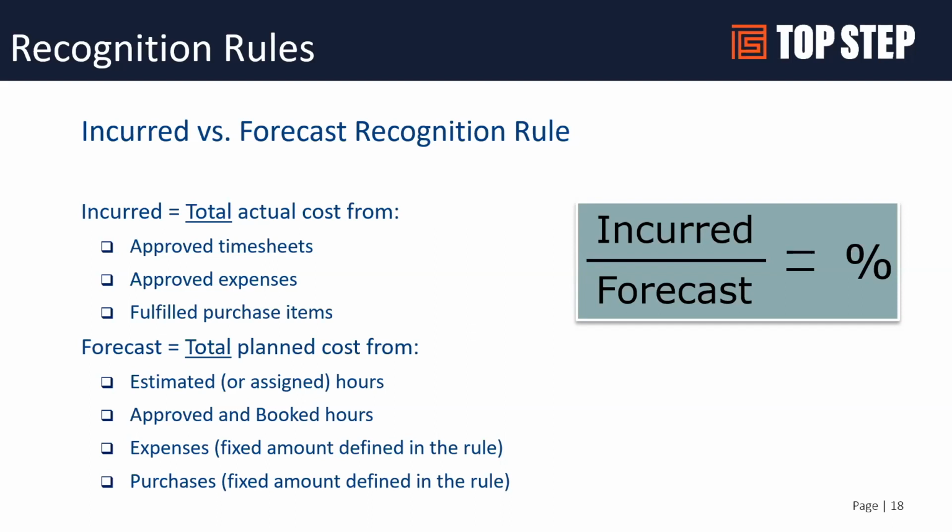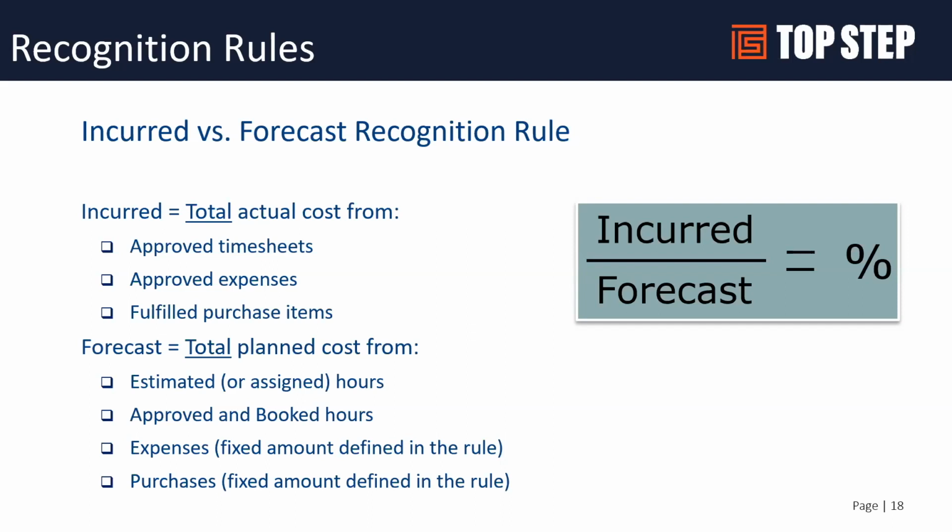The denominator can come from estimated or assigned hours. It can come from booked hours, expenses, and it'll give you a fixed amount. So let's say you have a $5,000 expense budget, and you can enter $5,000 inside of the rule, and it will use that as a cost factor in the calculation. It can also do this if you have pre-budgeted purchases for a project.